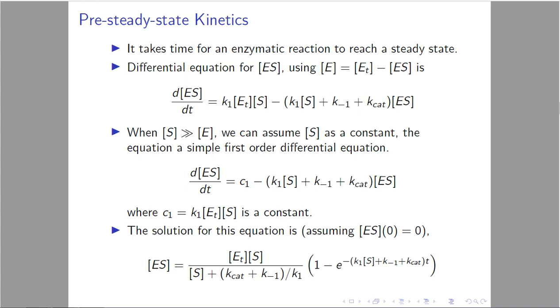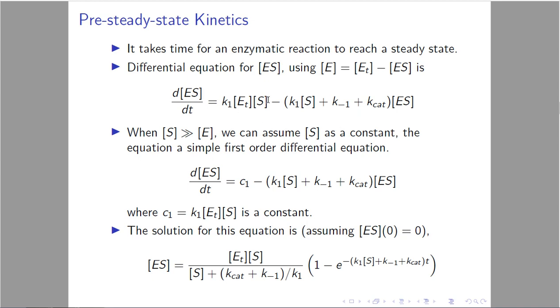Okay, and the pre-steady state. We can see that it takes time for an enzyme to reach a steady state. If we have E equal to E_total minus ES, then dES/dt equals this equation. If the concentration of substrate is greater than the concentration of enzyme, we can assume that S is a constant.